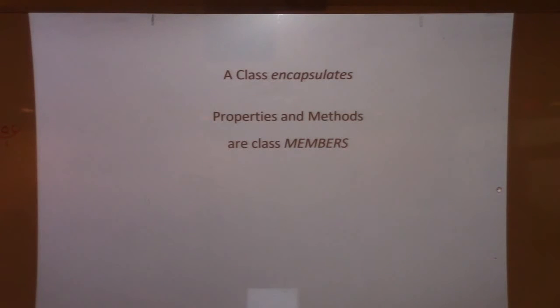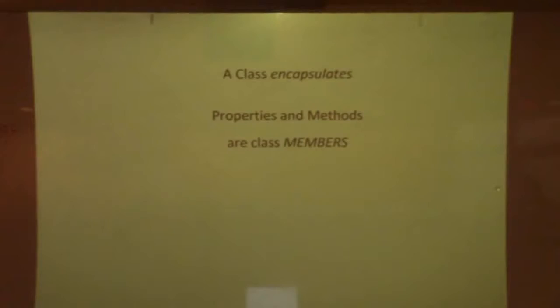Anything that I use to describe what a car has is going to be members and properties. But actions and methods are also members of the class. So let's say I create an object of the car, and I want the car to start. I'm going to tell it, okay, car, start. Start is a method, which is a member of the class.